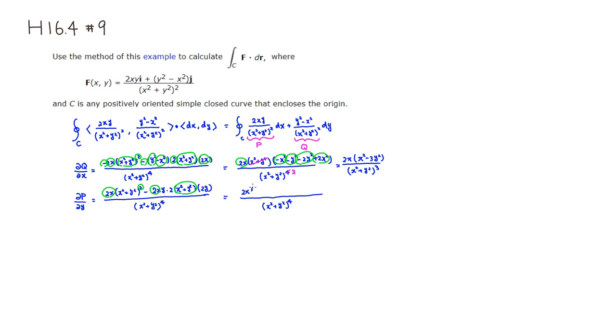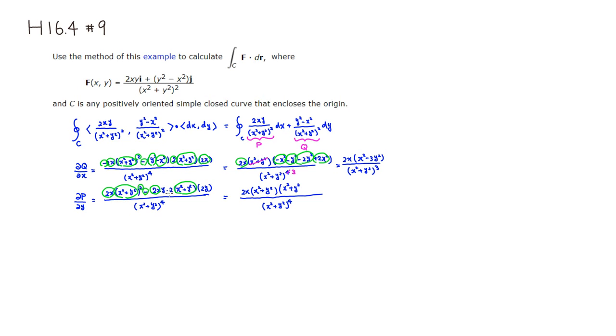We have x squared plus y squared left over from there. Then what else do we have?